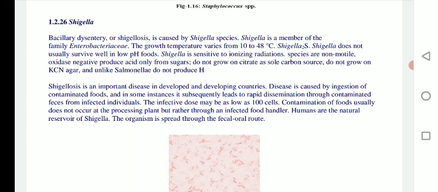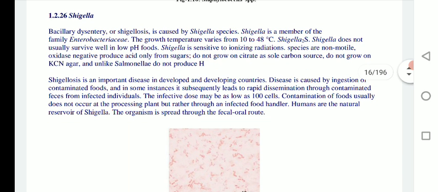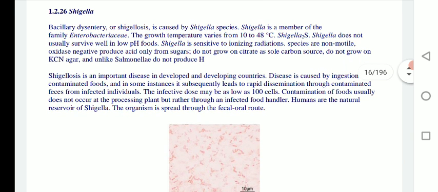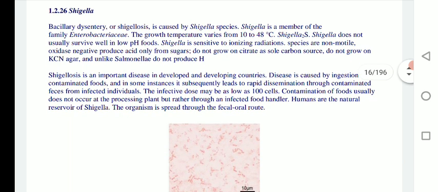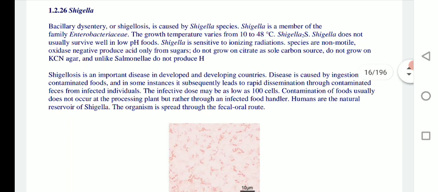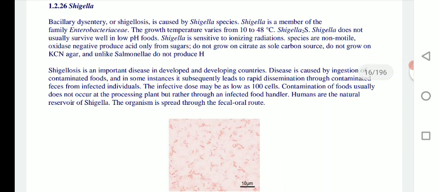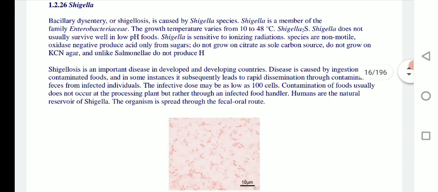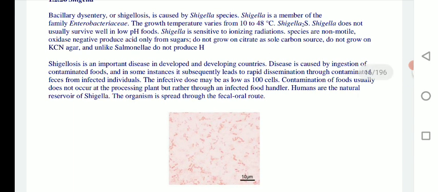Shigella does not usually survive well in low pH foods. So one peculiar thing about this bacteria is that it cannot survive in acidic foods; in foods which have lower pH, the chances of survival of these bacteria are very few. Shigella is sensitive to ionizing radiations.